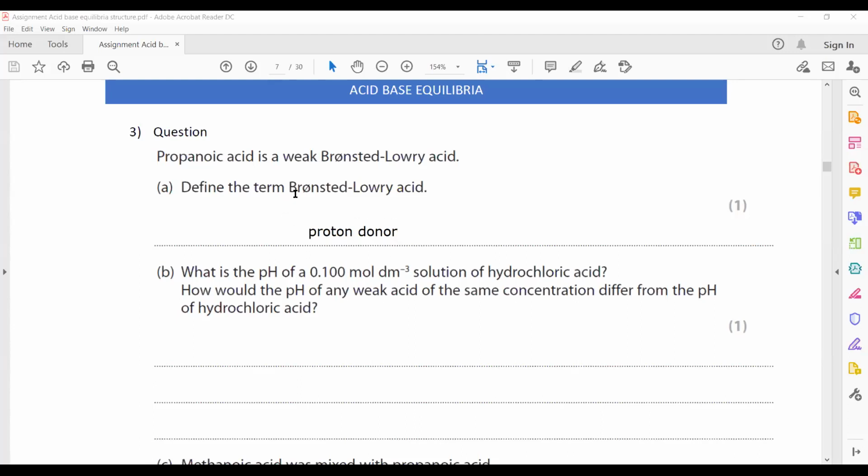What is the pH of 0.1 mole solution of hydrochloric acid? How would the pH of any weak acid of the same concentration differ? For a strong acid, our assumption is that all of the acid ionizes completely. So if we have HCl, it will dissociate into H plus and Cl minus.